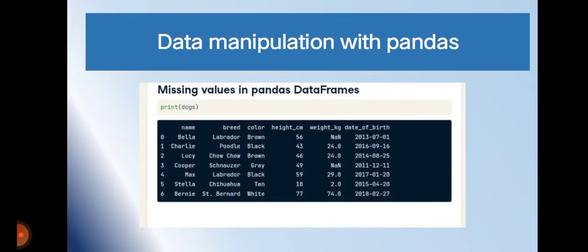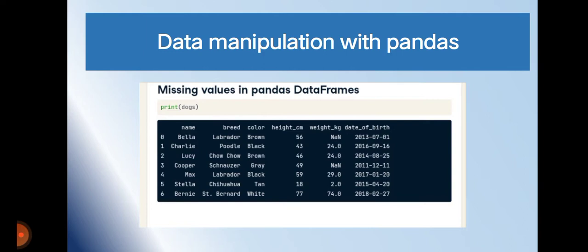The next is how missing values in pandas data frames can be found. In the given table, you can see that we have name, breed, color, height, weight, and date of birth columns. If we talk about weight in kgs, we can see that Bella has a missing value of NaN, and all the others, Charlie, Lucy, Cooper, Max, etc., have their weights in kg.